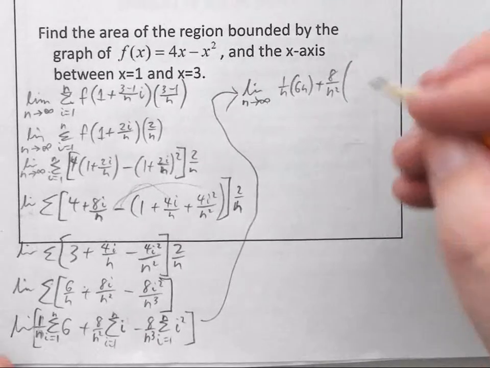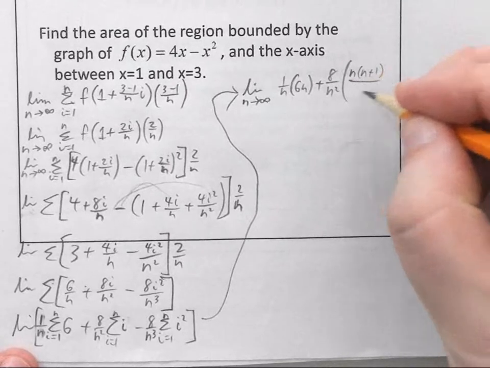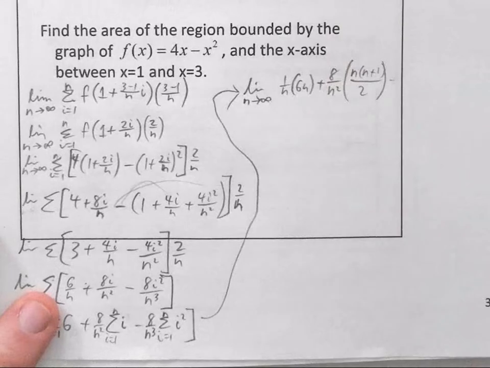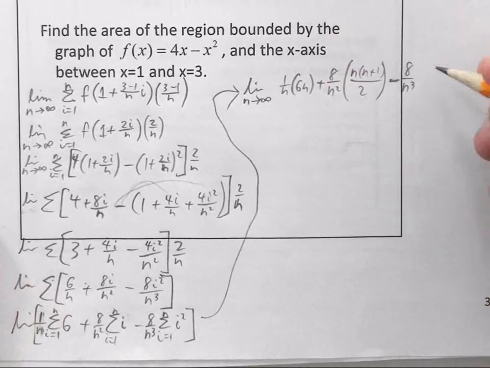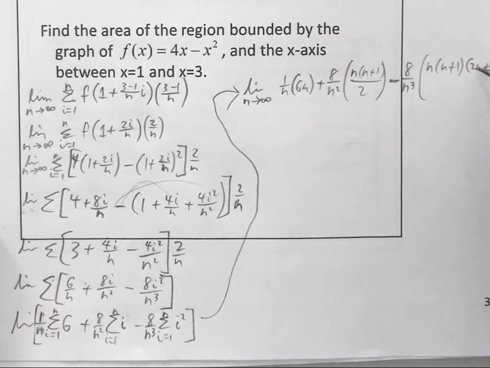Sigma i is just going to be that n times n plus 1 over 2, minus 8 over n cubed, replace the sigma i squared with n times n plus 1 times 2n plus 1 over 6.